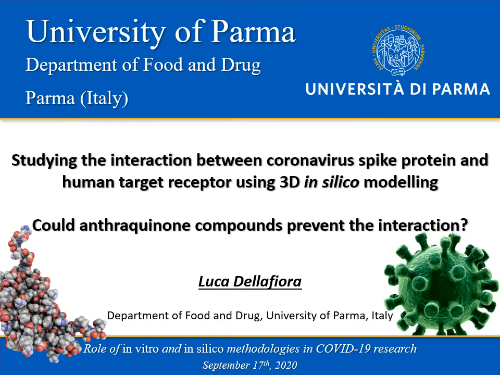In particular, our work focused on the anthraquinone class of compounds as possible model compounds to prevent the interaction between the viral protein and the host target receptors.